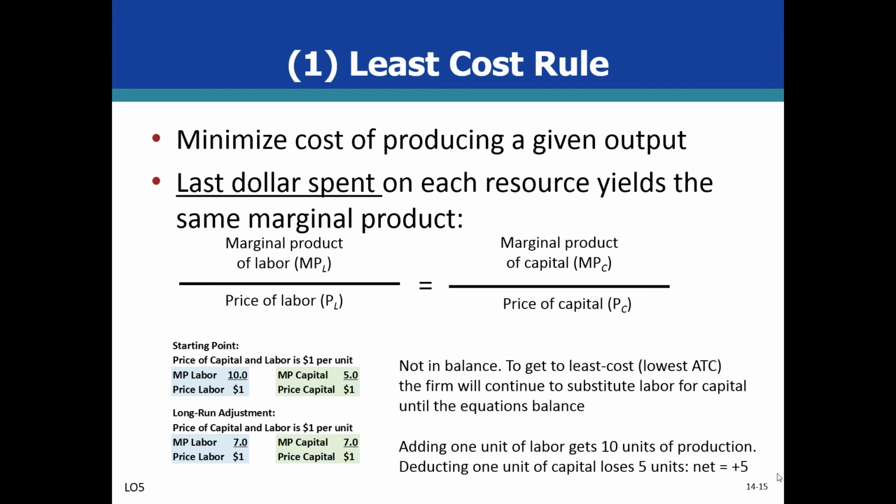So we would continue to make that shift until our marginal product of capital and the marginal product of labor are the same. So that adding one more unit of labor gets 10 units of production. Deducting 1 unit of capital loses 5 units, but the net is plus 5, and my equation is now in balance.